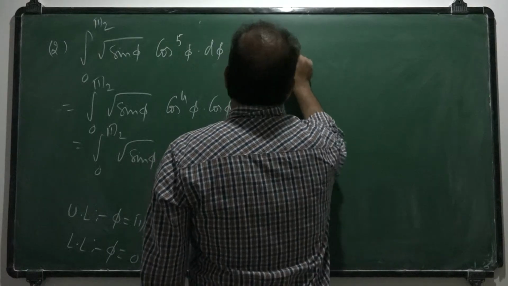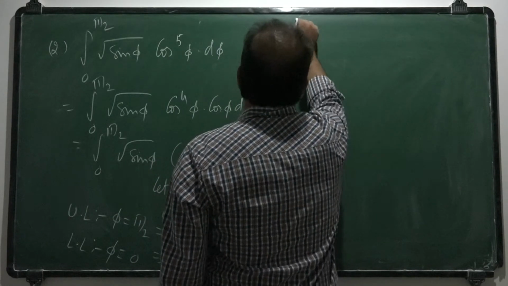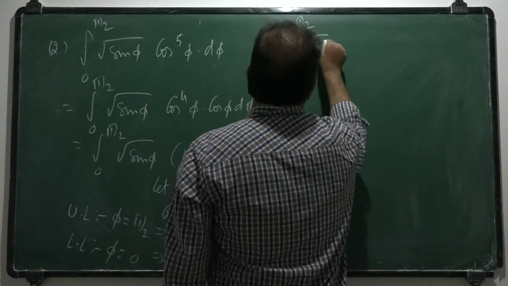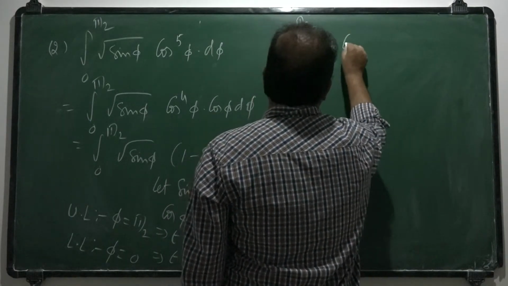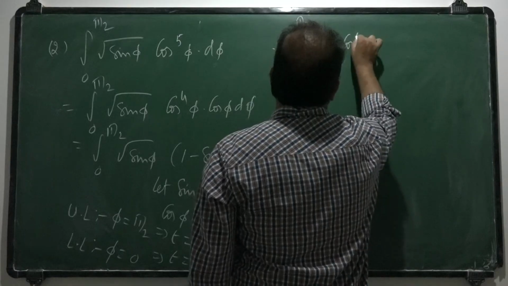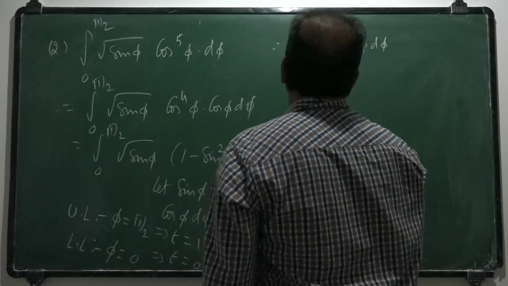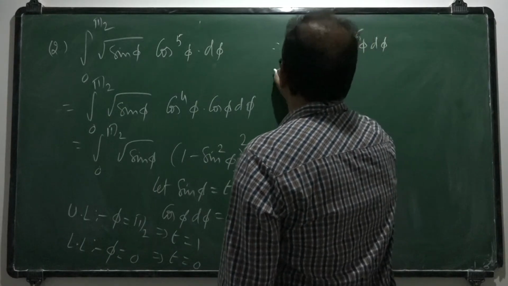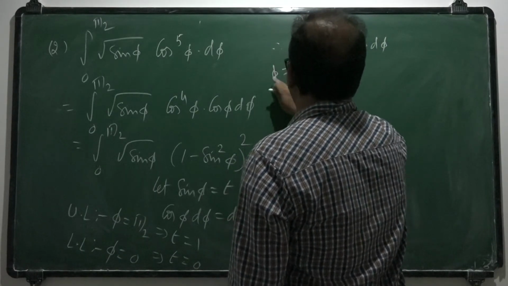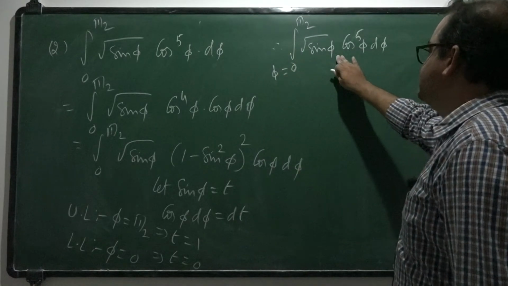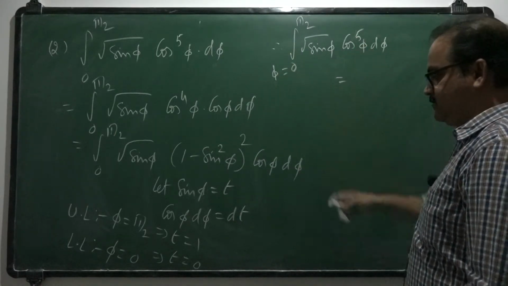Therefore, integral of 0 to pi by 2, write the given problem. Sin phi into cos power 5 phi d phi is equal to, these are the limits to the variable phi, that phi is equal to 0 to pi by 2. Now we change this entire problem in terms of t.